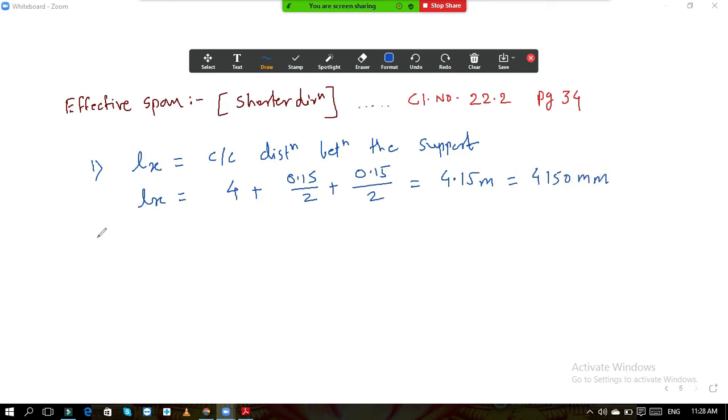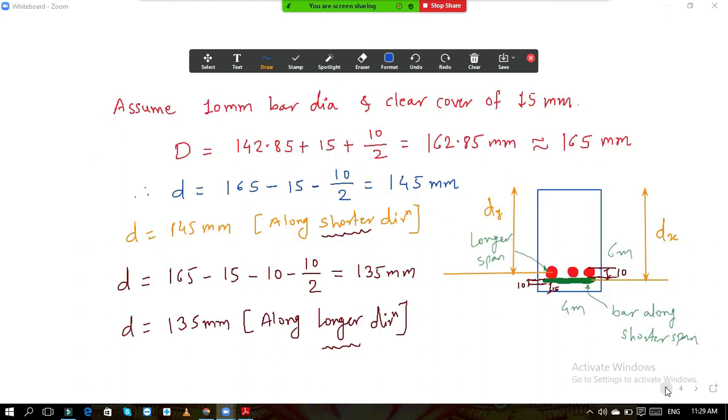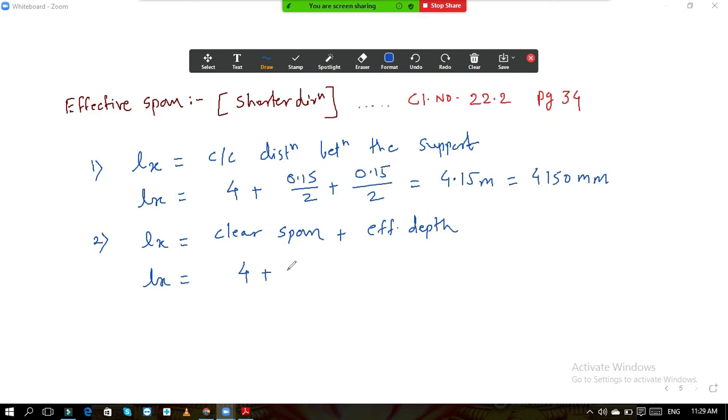This is first. Then secondly, Lx shorter span, you can calculate it as clear span plus effective depth. So Lx is equal to your clear span of 4 meter plus, now we are talking about shorter direction, so what is the effective depth along shorter direction? Along shorter direction your effective depth is 145 mm, so 0.145 meter.